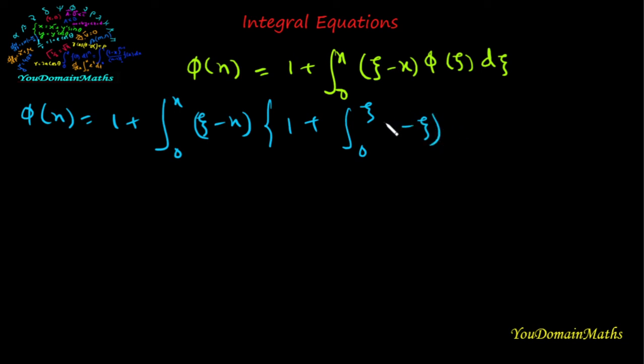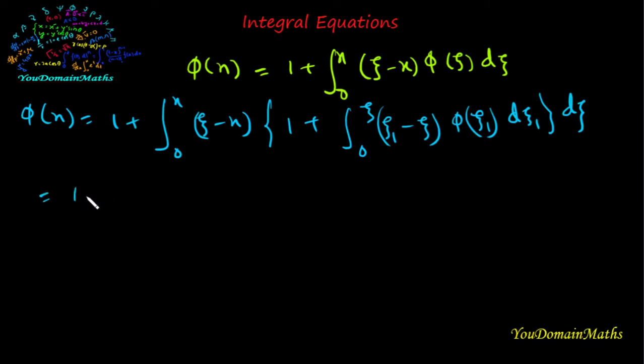So the xi is replaced by xi1, otherwise this xi and xi1 are mixing here. So these are all xi1, and we put d xi. So we only put the values of phi of xi, that means x is replaced by xi, but when we replace x by xi, then xi and x are mixing, so xi is replaced by xi1 before.